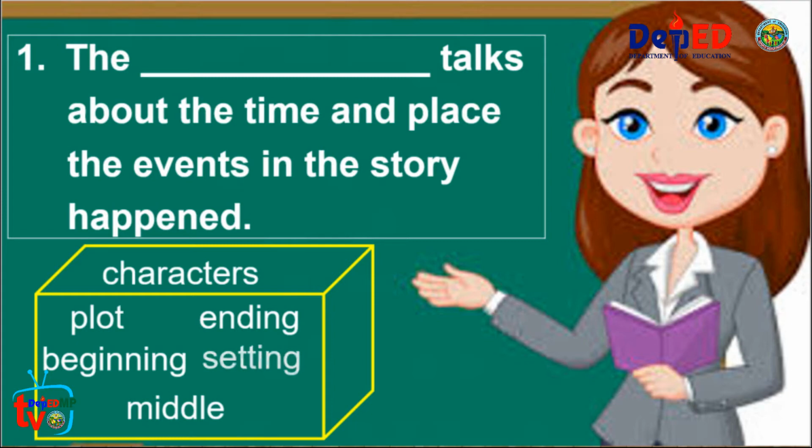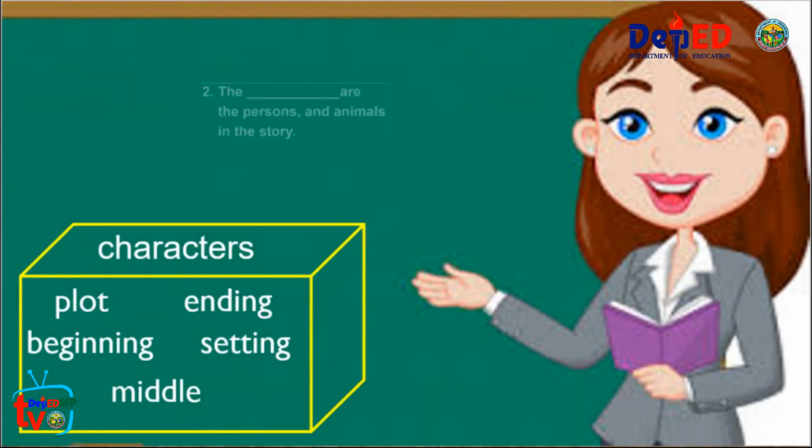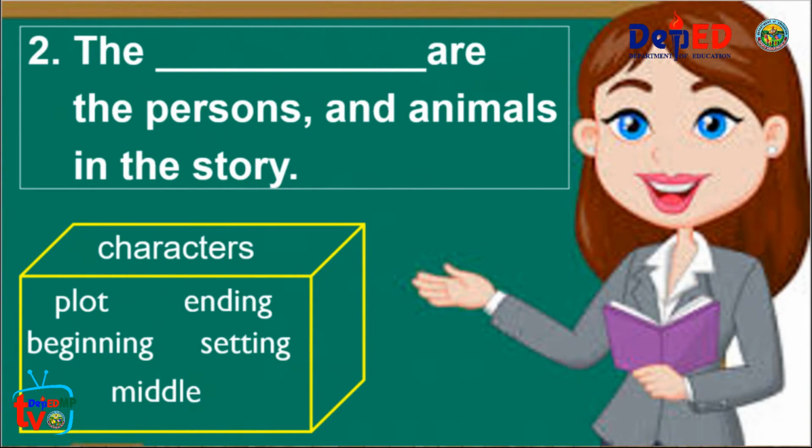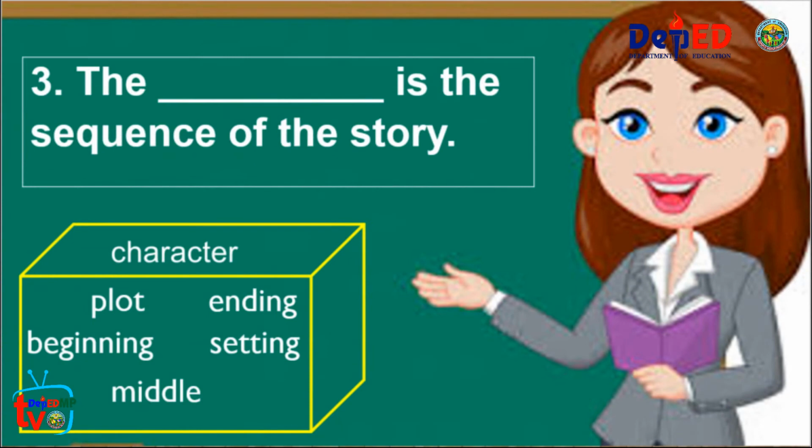The answer. Setting. Let's read. The setting talks about the time and place the events in the story happen. Number 2. The characters are the persons and animals in the story. Number 3.